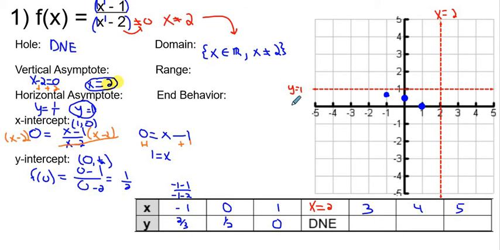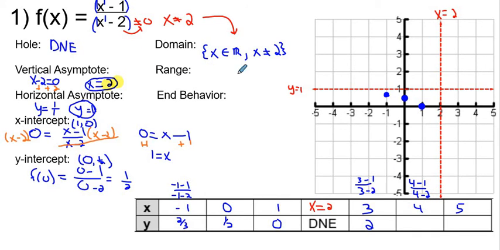So if I put 3 in, I would have 3 minus 1 over 3 minus 2. I got those values from simply plugging 3 in here. So 3 minus 1 is 2, 3 minus 2 is 1, so this would just be 2. All right, so at 4, I would have 4 minus 1 over 4 minus 2.